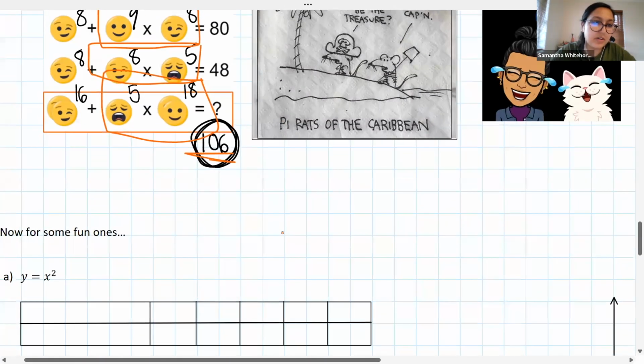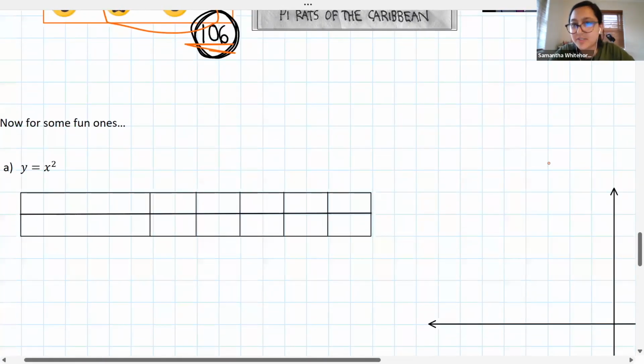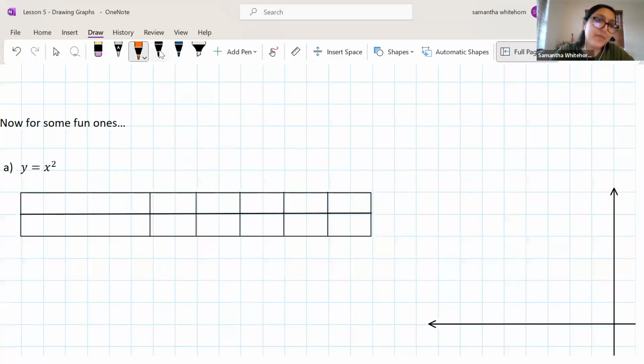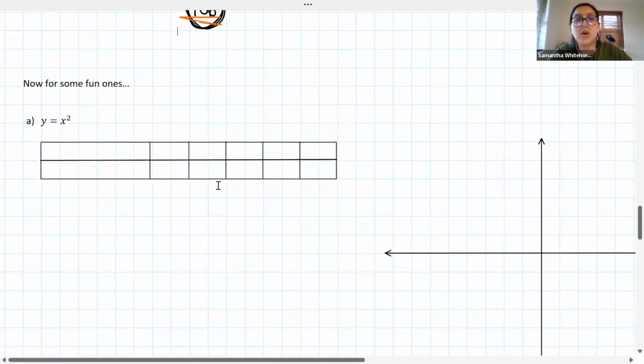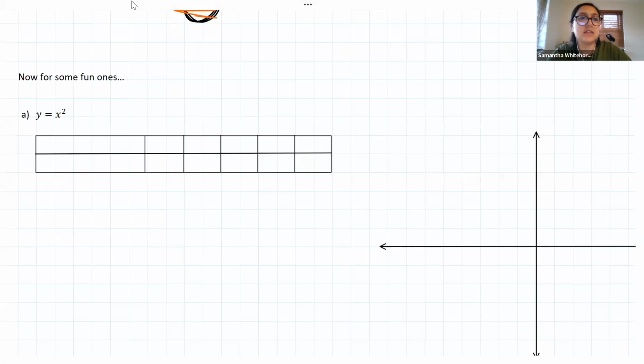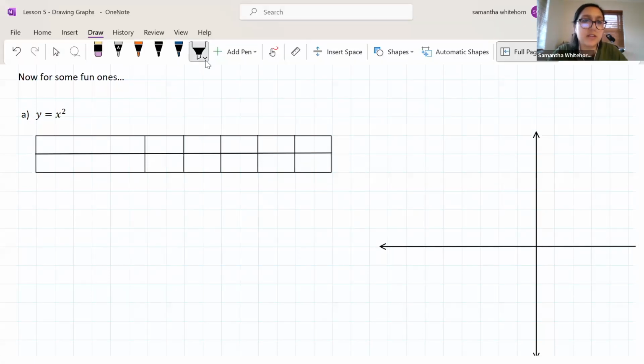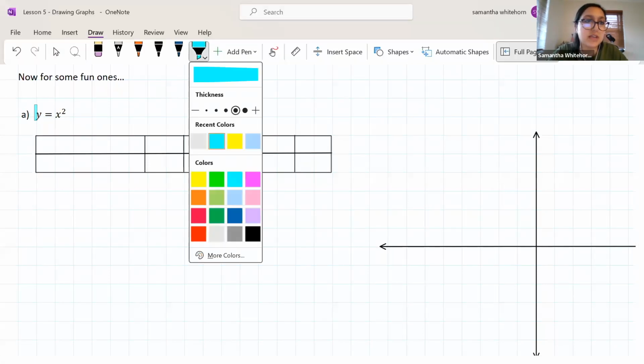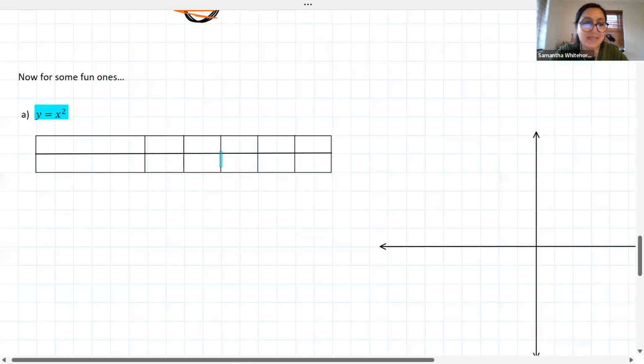So let's have a look at some fun graphs. So this was the question of, is it always going to be a straight line? No. Now, hopefully what you're seeing here is that this equation that I've given you, so the fact that y is equal to x squared, is automatically different to what we were looking at earlier, right?